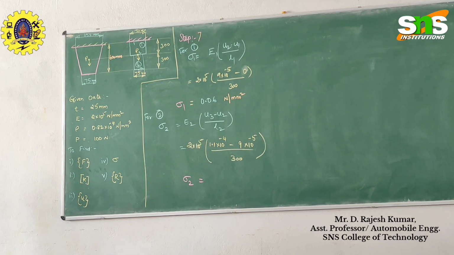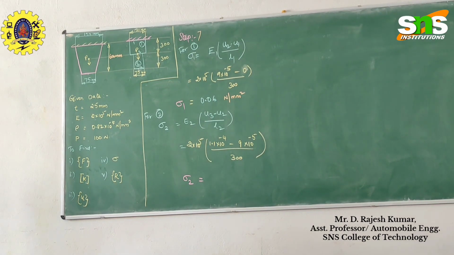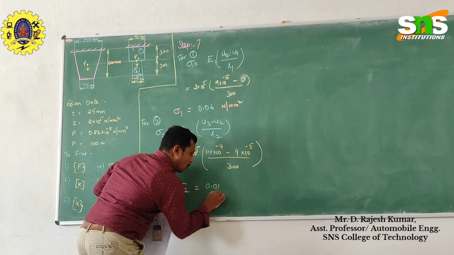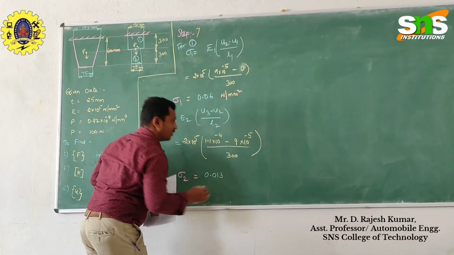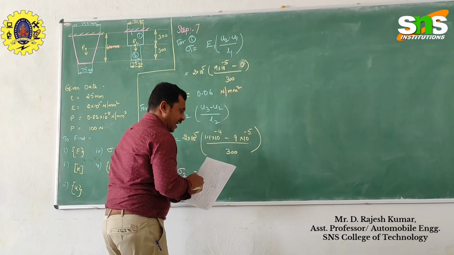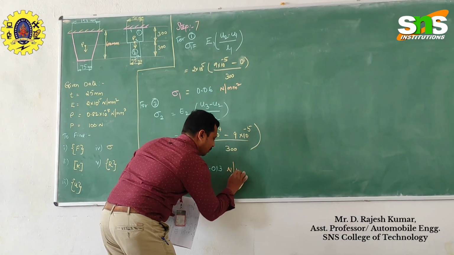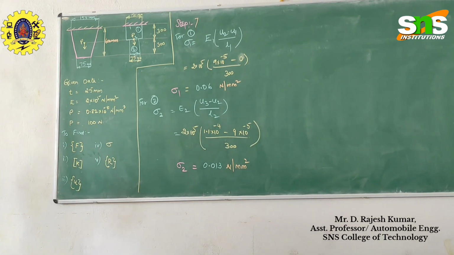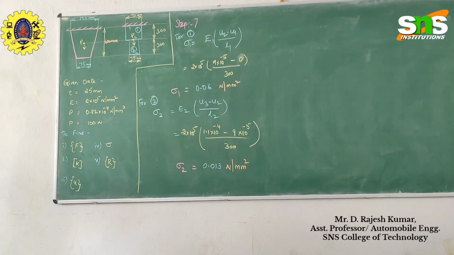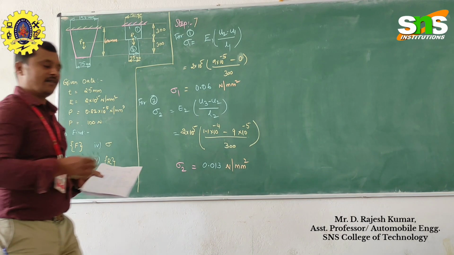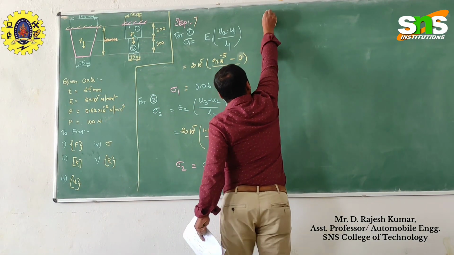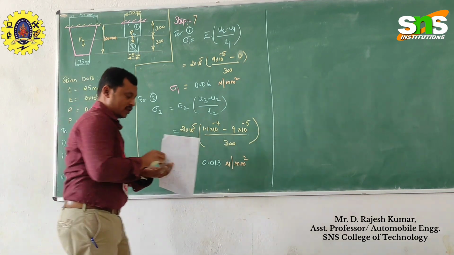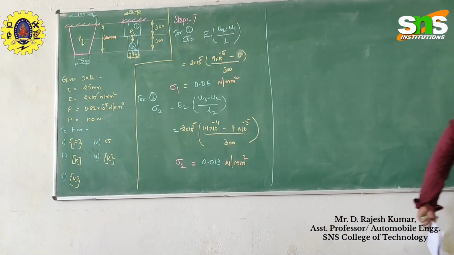The answer is 0.013, and the unit is again Newton per millimeter square. So this is how you find the stress of the elements for this problem. Sigma 1 is found as well as sigma 2.